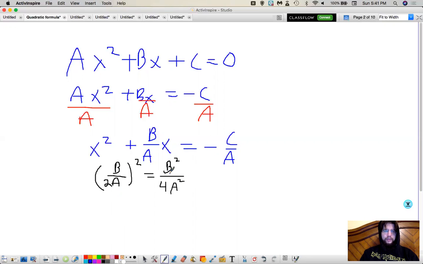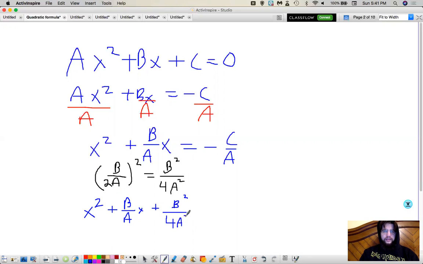Now we need to add that to both sides. x squared plus b over a x plus b squared over 4a squared.